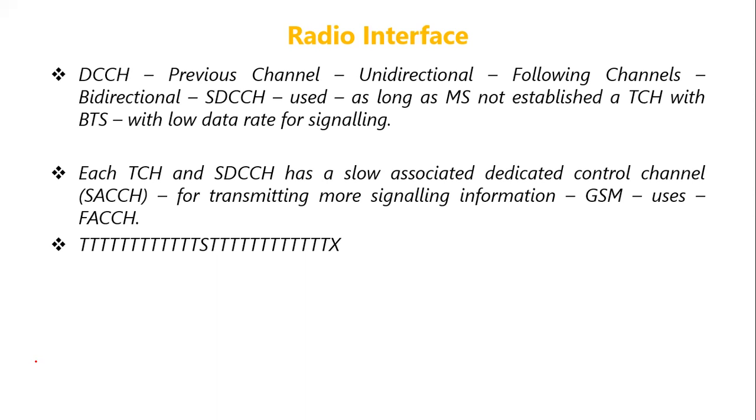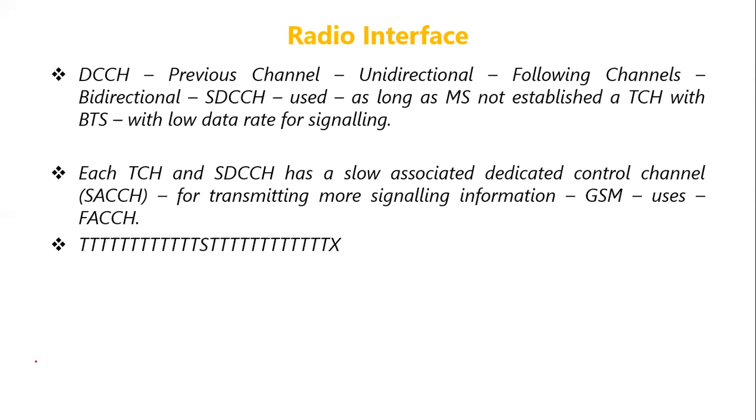Finally, if more signaling information needs to be transmitted and a TCH already exists, then GSM uses something called the fast associated dedicated control channel.